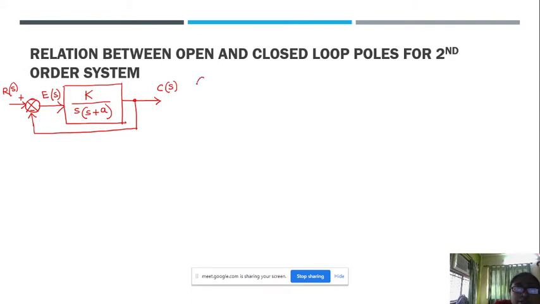So what is the feed forward transfer function G(S) here? G(S) equals K by S into S plus A. And what is H(S)? H(S) equals 1. What are the open loop poles?